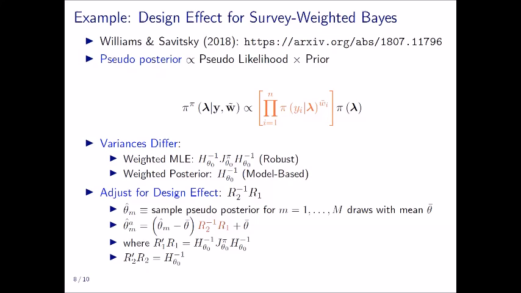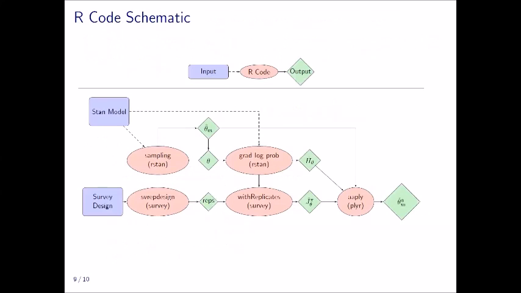I'm calling it a design effect. We can take a square root matrix of the sandwich estimate and a square root matrix of the model-based one, and we can have this transformation here. That will get us to incorporate the complex survey design.